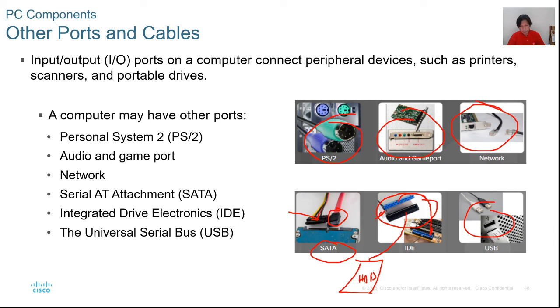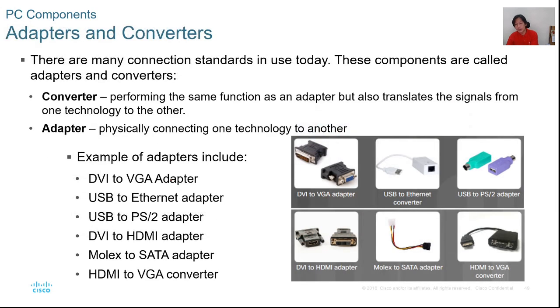If you have connectors, you might also have different converters. For example, in my video card I only have DVI, but my monitor does not have DVI, it has VGA, so you can have a DVI to VGA adapter.